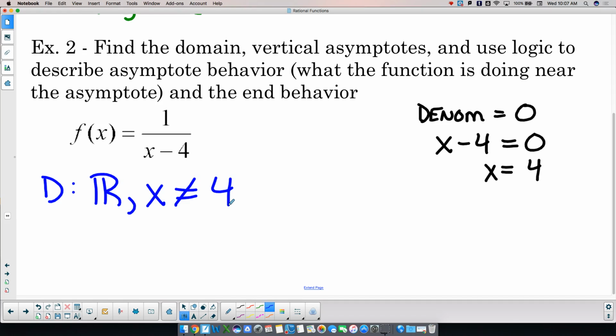If x is 4, we have a denominator of 0, and it doesn't work out. The nice thing about finding the domain is we've automatically found our vertical asymptote. In this case, there's only one, and it's a vertical asymptote of x equals 4. The vertical asymptotes are the restrictions in the domain.